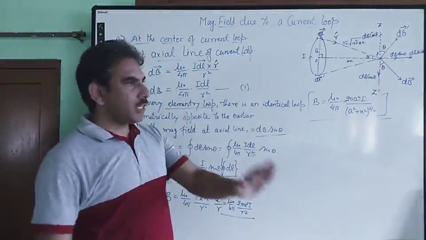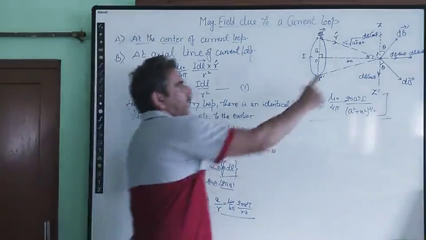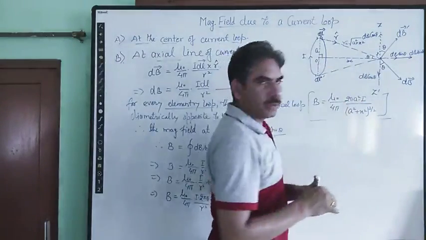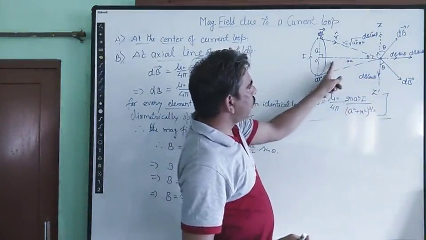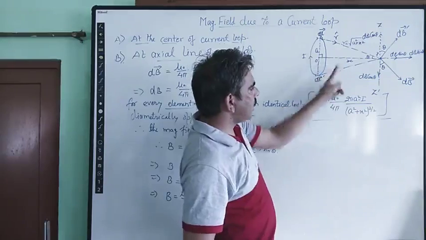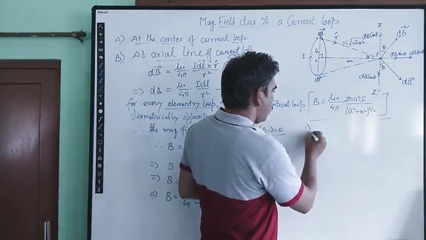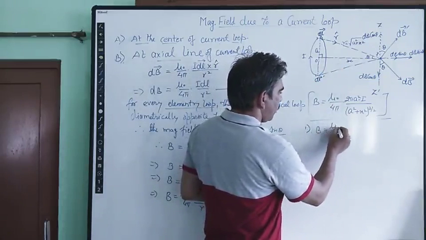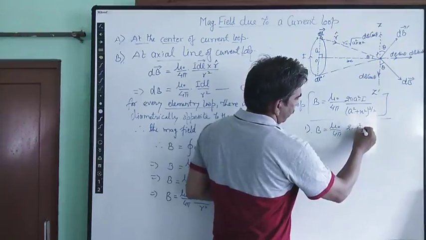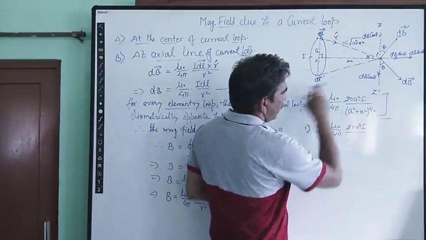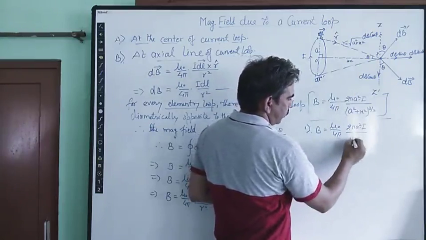If point P is very close to the center of the loop, then x will be very, very small in comparison to a, so x can be dropped in this equation. One special case is that it becomes mu naught upon 4 pi into 2 pi a square into I upon a square to the power 3 by 2.